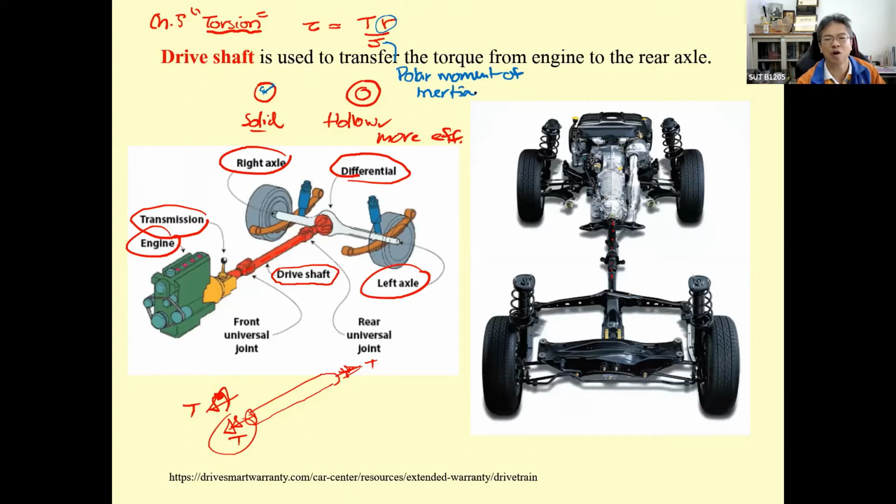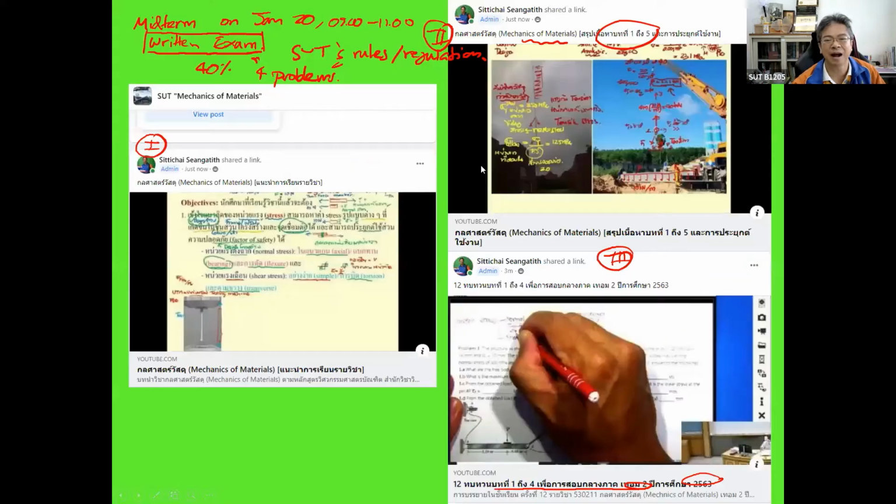You know this from engineering statics, and it is going to be equal to pi over 2 r to the power 4 for the solid section. But for this hollow section, you have the inner radius and outer radius. The J for the hollow section is going to be pi over 2 times r sub o to the power 4 minus r sub i to the power 4.